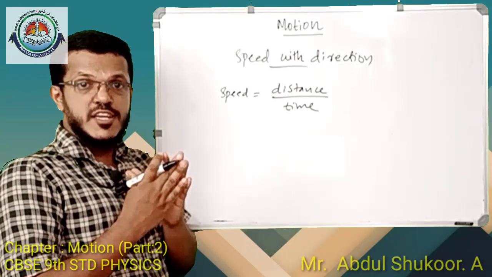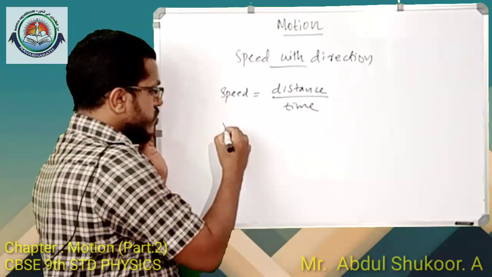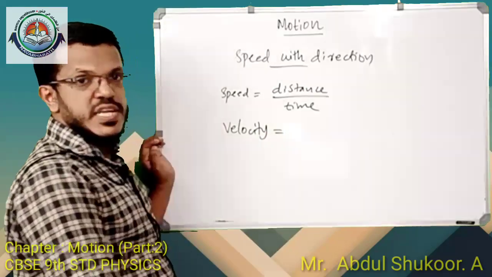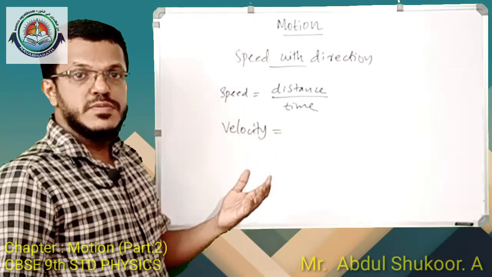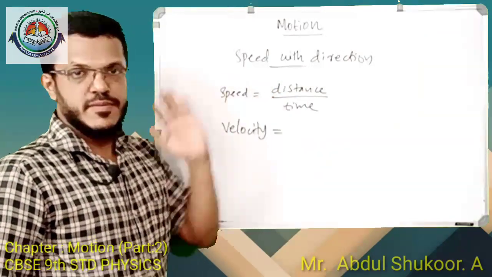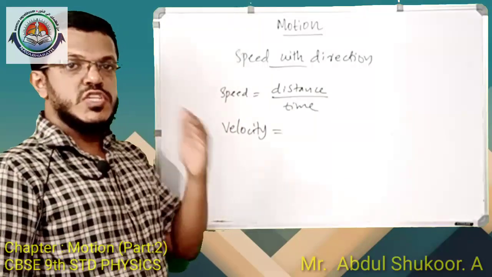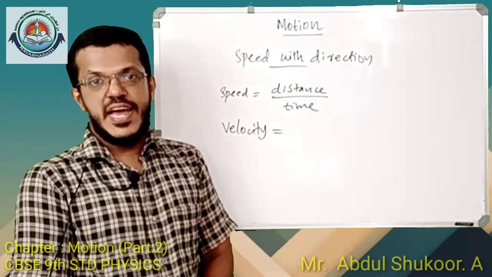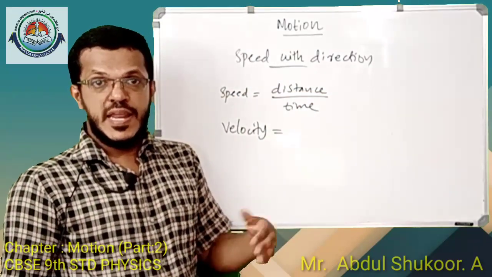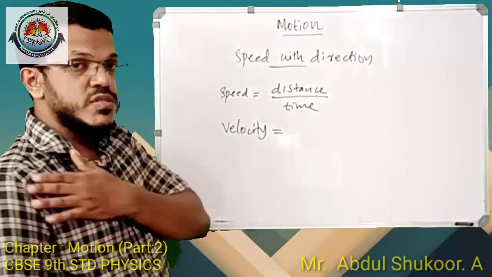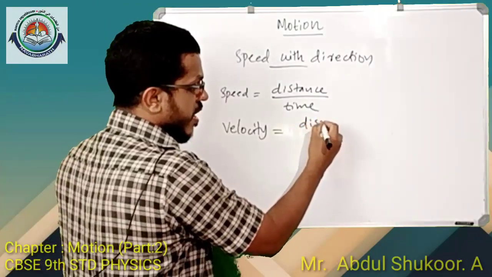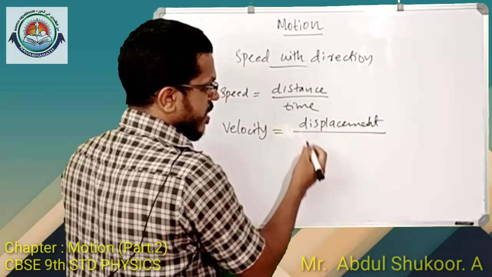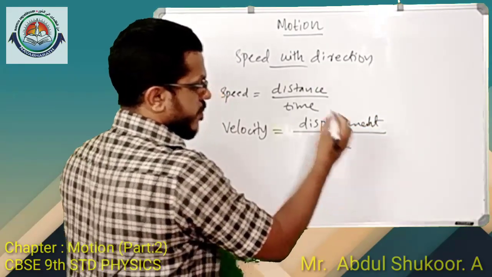is another quantity, that is velocity. Velocity is the speed of an object with a definite direction. In another way, we can say that velocity is the displacement traveled by an object per unit time.